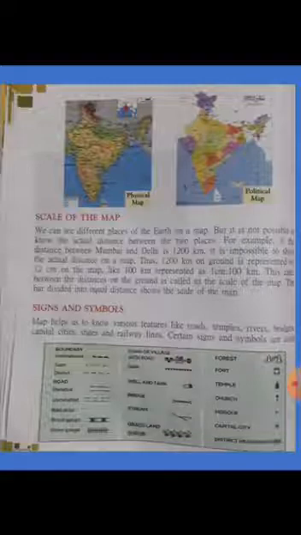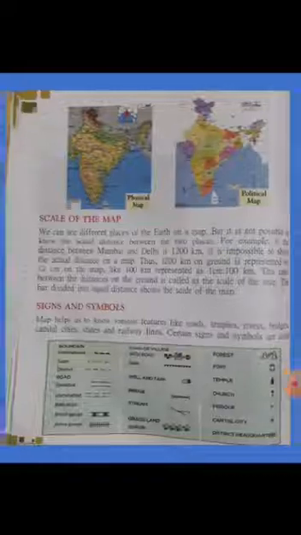Church symbol is given there, temple symbol is given there, mosque symbol, capital city symbol. So one temple is here, one church is there, one fort is here. In this way we can identify all these things. That is why signs and symbols are used on a map.